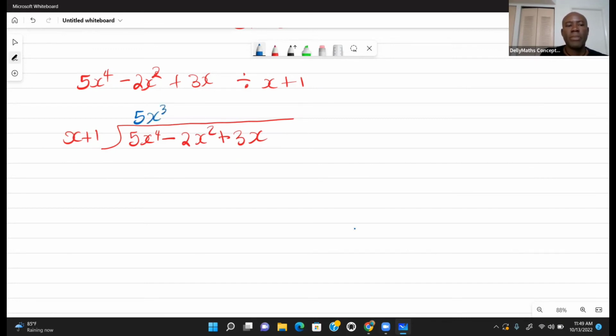Then we multiply 5x to the third times x plus 1, and we get 5x to the fourth plus 5x to the third. Let's do some subtraction. Bear in mind that you can only add or subtract like terms. So the 5x to the fourth, subtract 5x to the fourth.